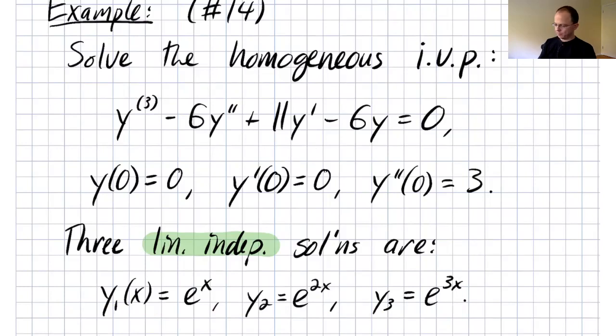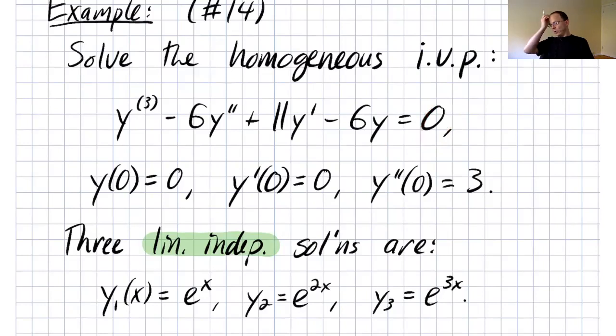So this is y prime, so the first derivative, second derivative, and there's the 3rd derivative. So this is an order 3 linear differential equation. It's homogeneous because of the 0.